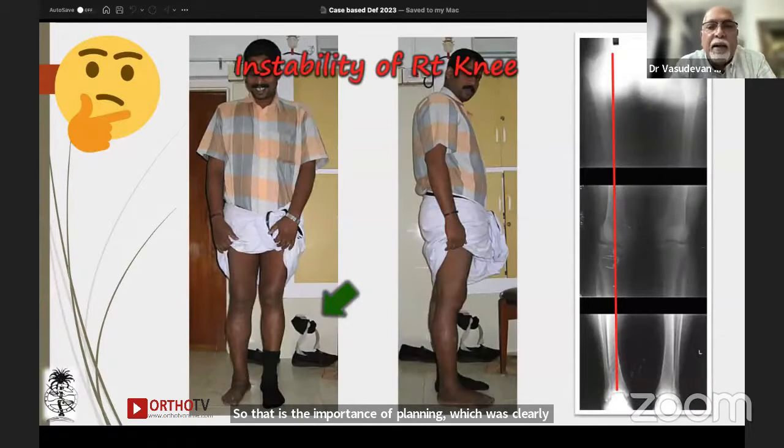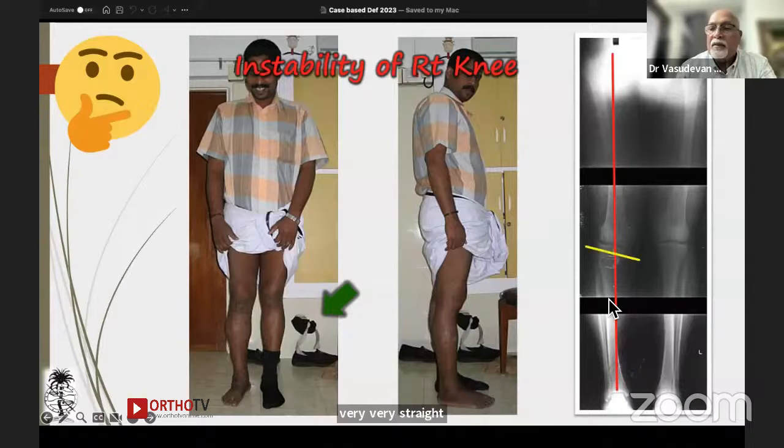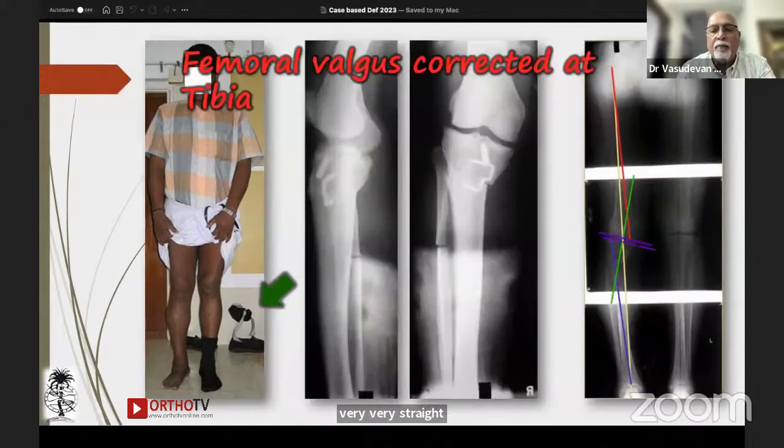So look at this young man who came to me with instability of the right knee joint. You can see a foot drop splint at the back. The limb is looking very, very straight. That was his full length X-ray. That was his knee joint axis. It is oblique.